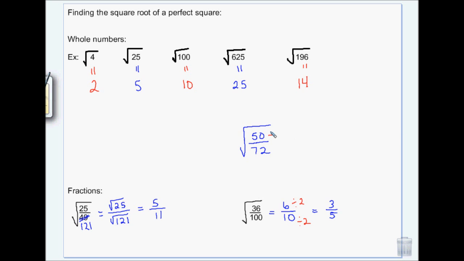But they're both even, so I'm going to divide them by 2. And I'm going to get the square root of 25 over 36. So if I have numbers in here that aren't perfect squares, see if you can reduce the fraction to get perfect squares. And now that I have perfect squares, I can take the square root. Does that make sense?